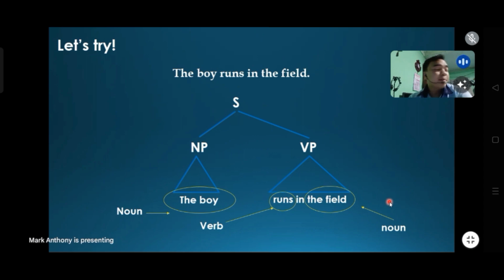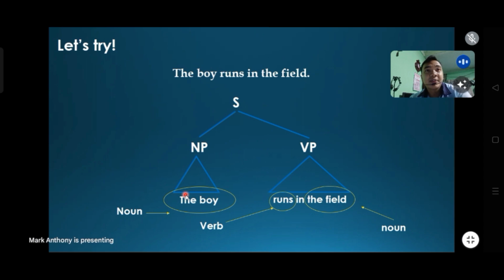In phrase structure, it is also important that you know what function specific words have in a sentence. So for example, we have the words the boy. What does the boy function as in the sentence? Does it function as an adjective?